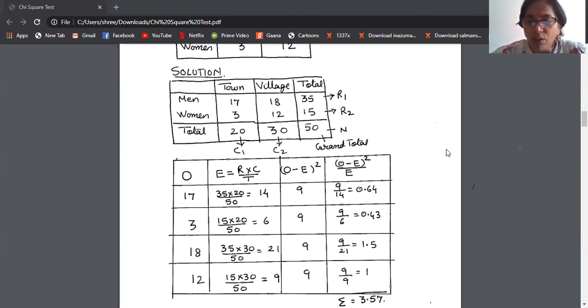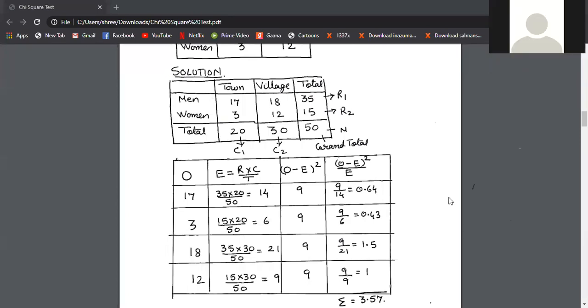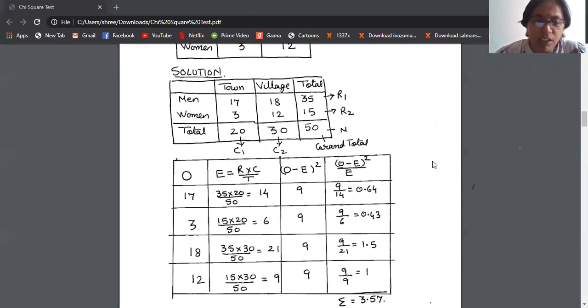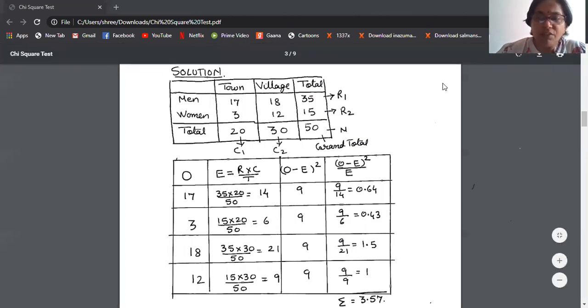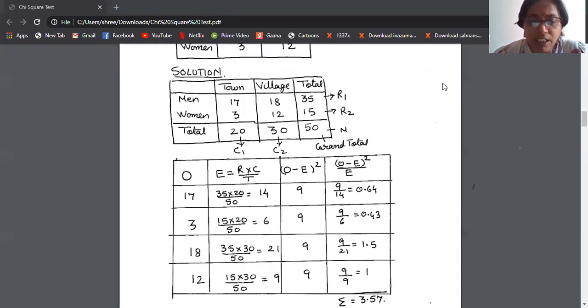Okay. Now we go to the next. We go to the number 3. For the element 3, the corresponding row total is 15. The column total is 20. So it is 15 into 20 upon the grand total, which is 50 again. The grand total will remain the same for all the 4 numbers.